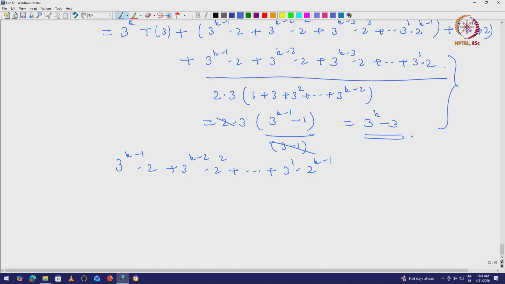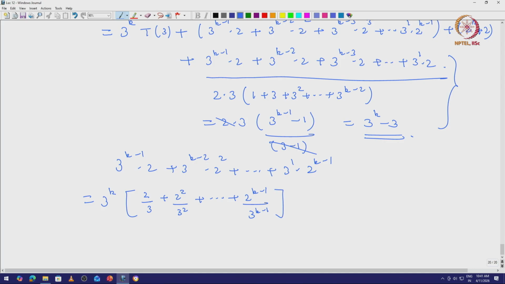You take 3^k outside, this is equal to 3^k times 2/3 plus 2^2/3^2 and all the way 2^(k-1)/3^(k-1).